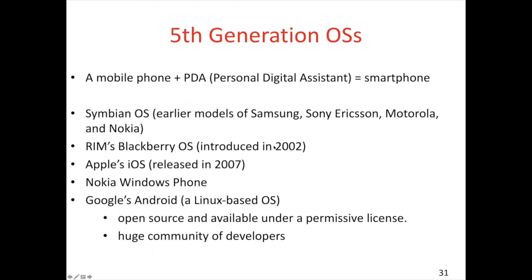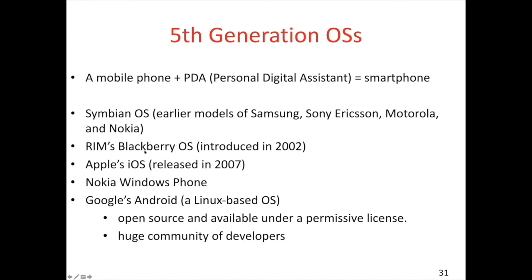If we consider fifth generation operating systems, we have a mobile phone on which a personal digital assistant is working. This is called a smartphone. The Symbian operating system was used in the earlier models of Samsung, Sony Ericsson, Motorola, and Nokia.